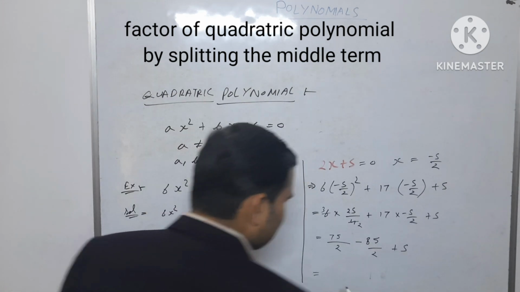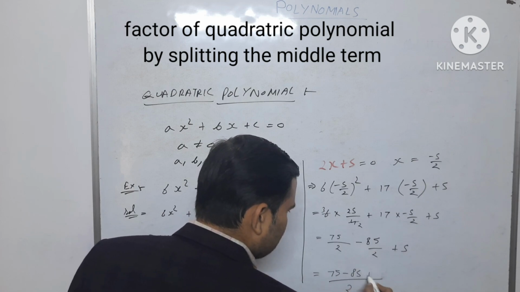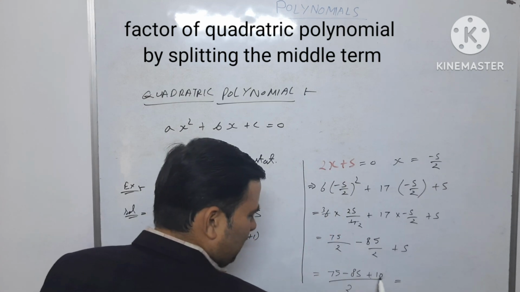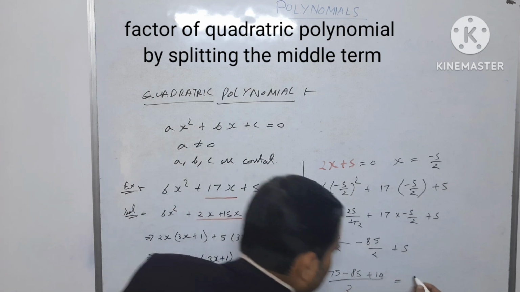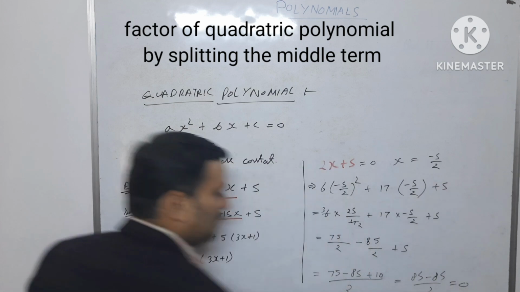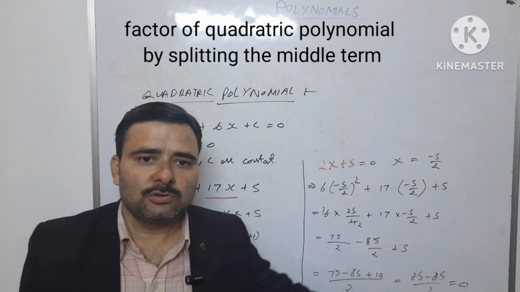Now taking 2 as the LCM, we have 75 minus 85 plus 10, and 75 added to 10 gives 85, and we get 85 minus 85 upon 2 is equal to 0, because 85 minus 85 is 0, and 0 upon 2 is equal to 0.